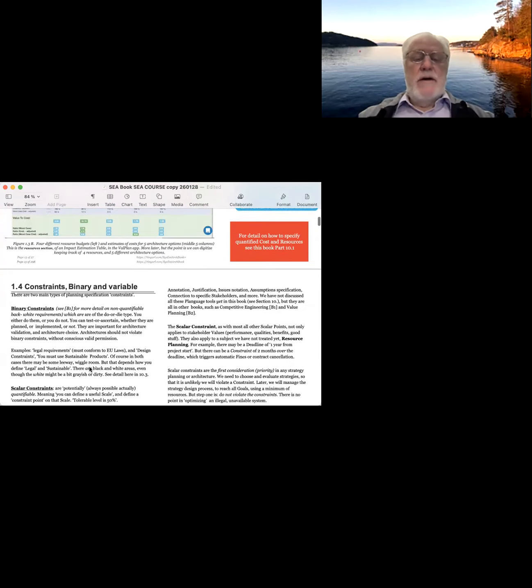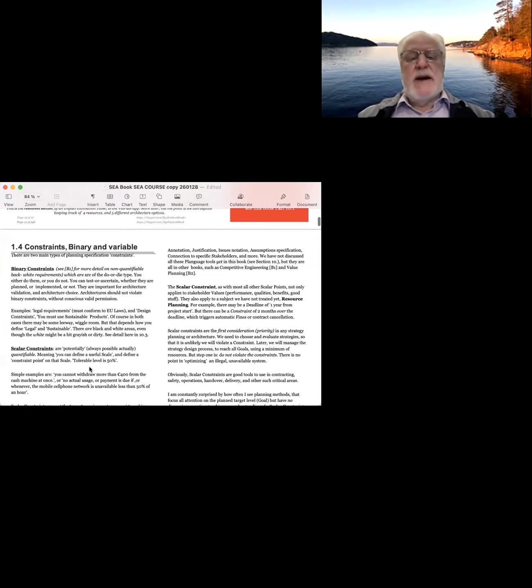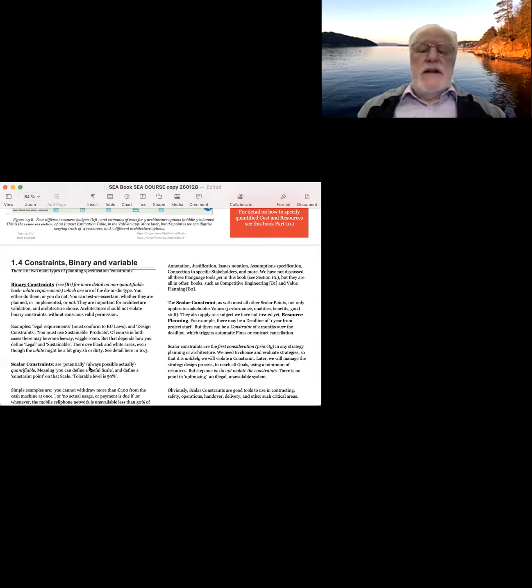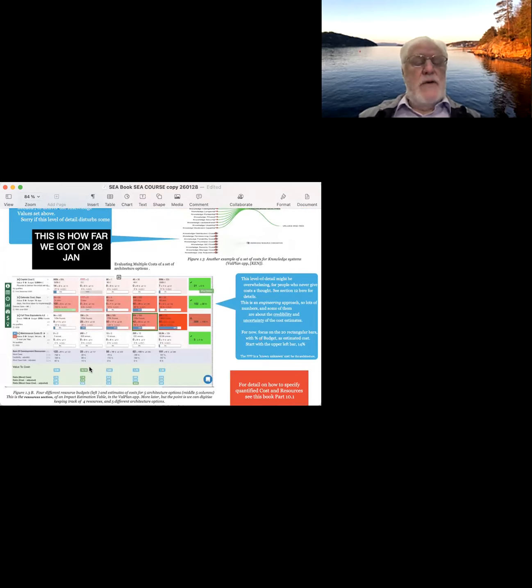We are going to pick up here, even though I should have done it last time, with constraints. Let's start with one constraint on the architecture choices: how much time we have to implement it.